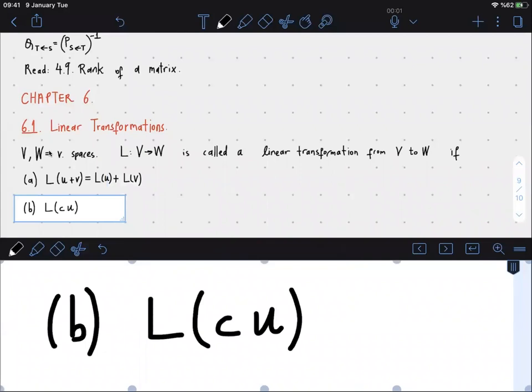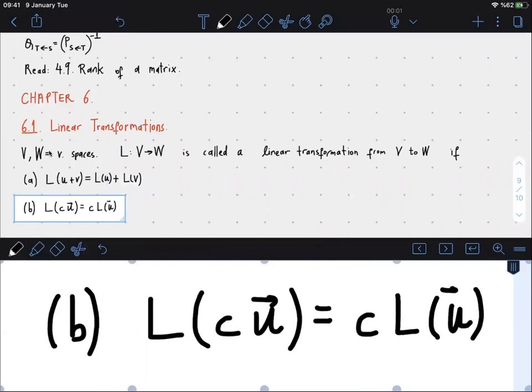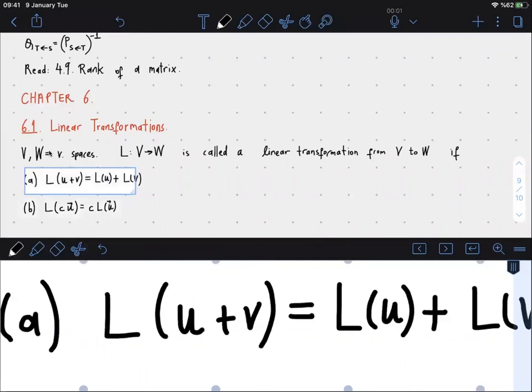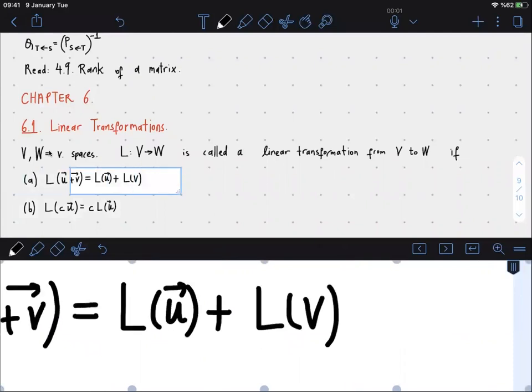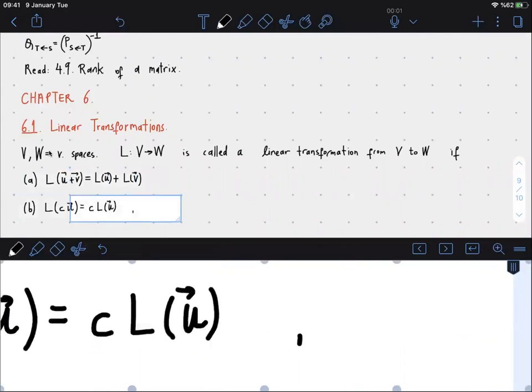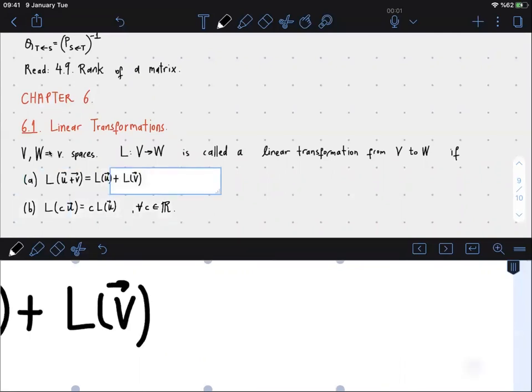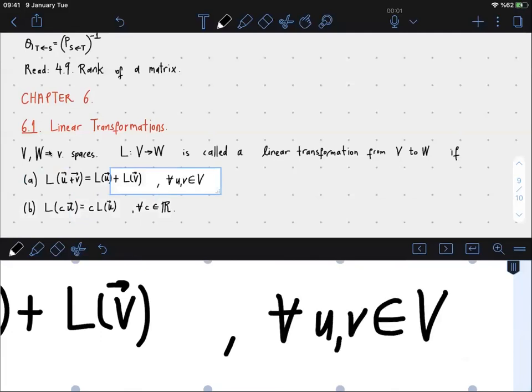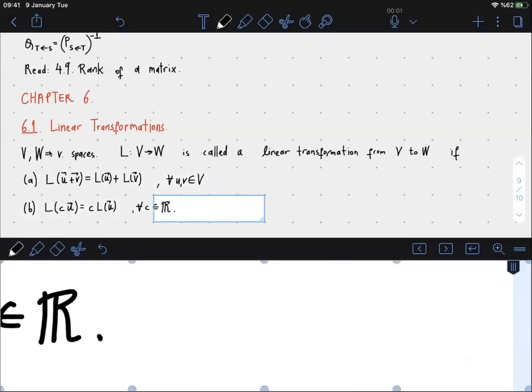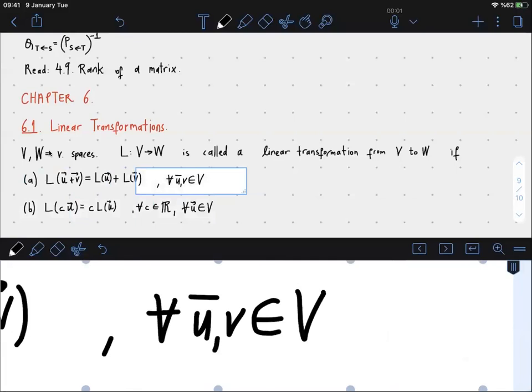So if c is a number, so let me put a vector sign here, okay? So c is a scalar here. So this is true for all c in R. This symbol means for all numbers in R. And these hold for every vector u and v in this vector space V. Let me put these vector symbols.